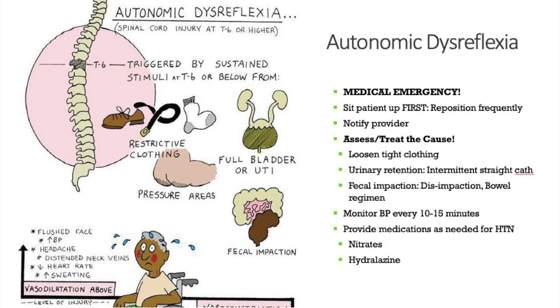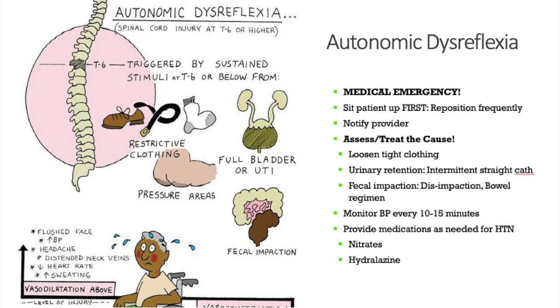T6 or below. So that stimulus gets sent to the spinal cord, right? And it travels up the spinal cord. Because remember, all of the sensory and motor input that we have, all of the impulses, the things that we touch and feel and our pain and pressure sensations, they all travel from our peripheral spinal nerves to the spinal cord and travel up our spinal cord to our brain.